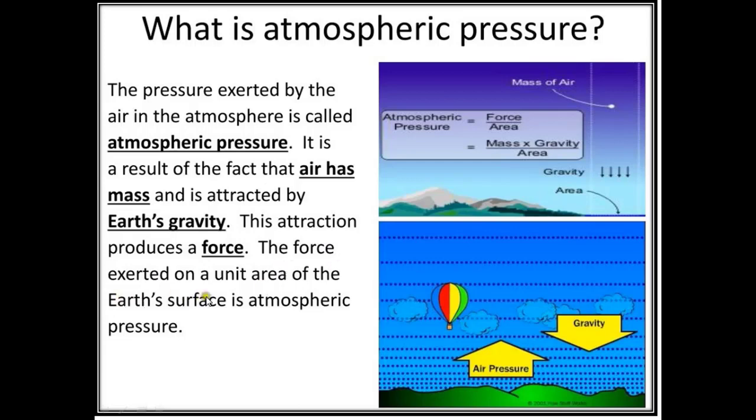The force exerted on a unit area of the Earth's surface is atmospheric pressure. So we can also say that force divided by area is the atmospheric pressure, or in other words, mass multiplied by gravity, with respect to area, is the atmospheric pressure.